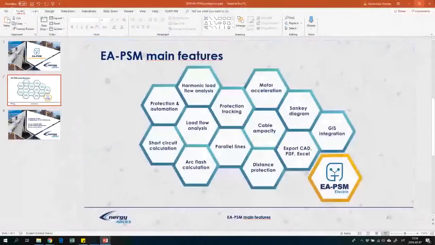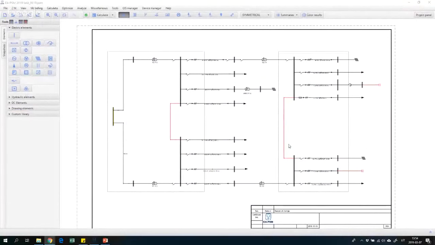Let's start by opening the software main window. In the main window you can see a single line diagram which I created before the presentation, so that we mainly concentrate on calculations and main engineering ideas, not on drawing the single line diagram.